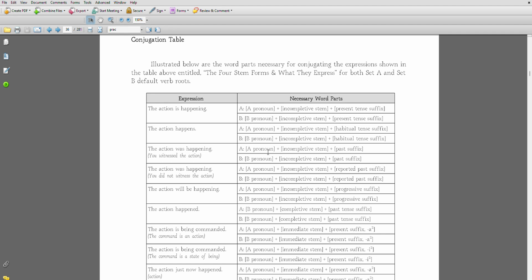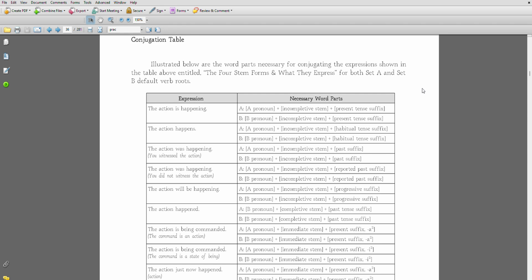So, conjugation table. Illustrated below are the word parts necessary for conjugating the expressions shown in the table above entitled The Four Stem Forms and What They Express, for both set A and set B default verb roots. So the action is happening. If the default pronoun is set A, you'll use a set A pronoun on the incompletive stem with a present tense suffix.